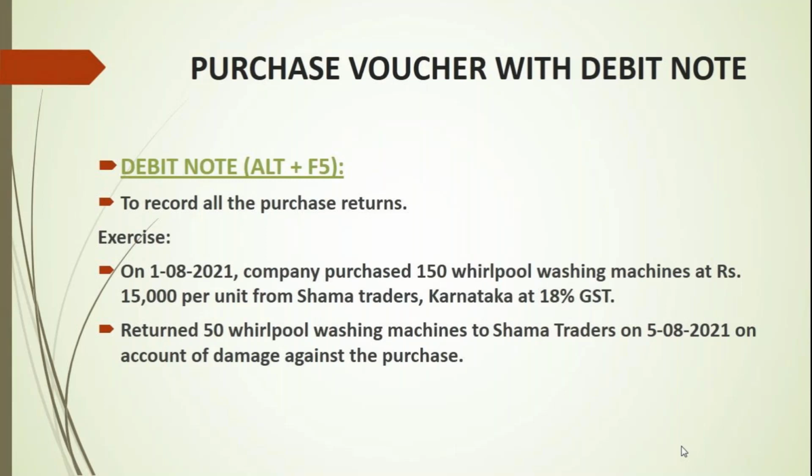So they're all the reasons to go for a purchase return. Now, where to record the purchase return? In which voucher? We have to use a debit note voucher to record the purchase returns. And the function key for a debit note is Alt F5.